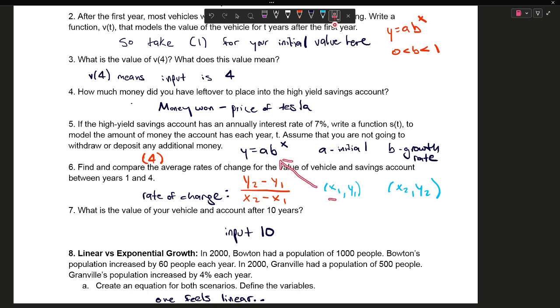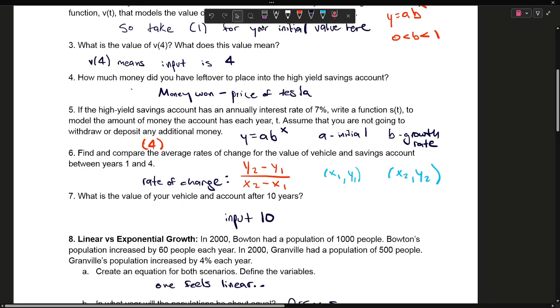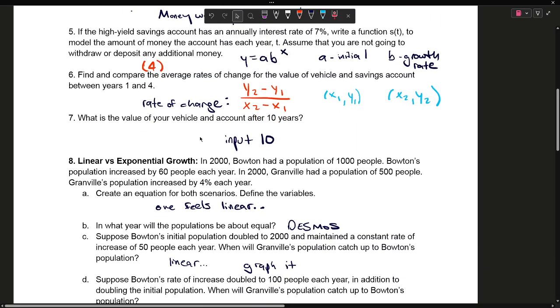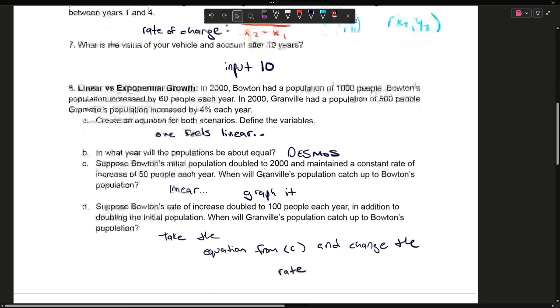That's x1, and then your y value, your output, is going to be y1. Then you do the same thing here, but this value is 4, and your y value when x is 4 is going to be your y2. And then it's just asking what is the value of the vehicle after 10 years? That means you plug in 10 for x.